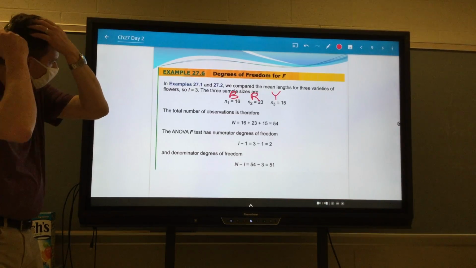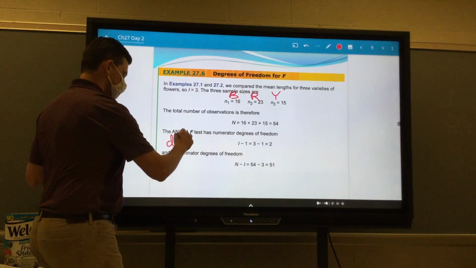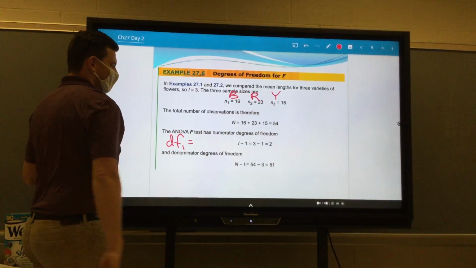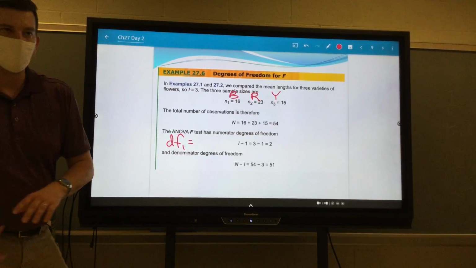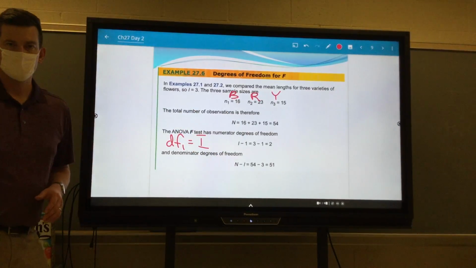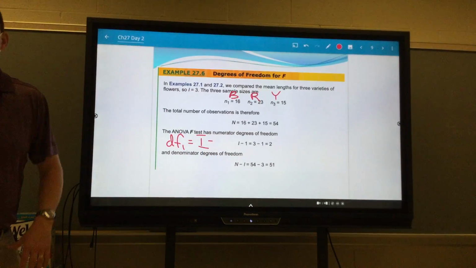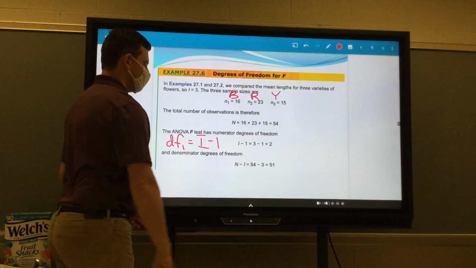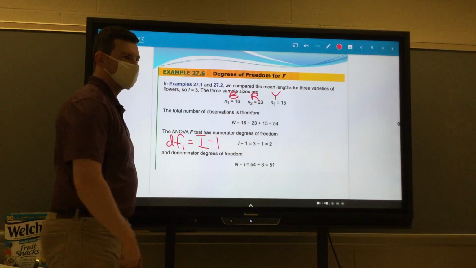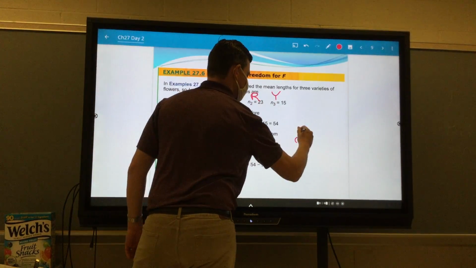So that's one of our degrees of freedom. Our first degree of freedom is taking our number of breakdowns, and they use I for this, and just take away one. Instead of n minus 1, in this case it's I minus 1. Here we have 3 minus 1, or 2. So our group, our numerator degrees of freedom.